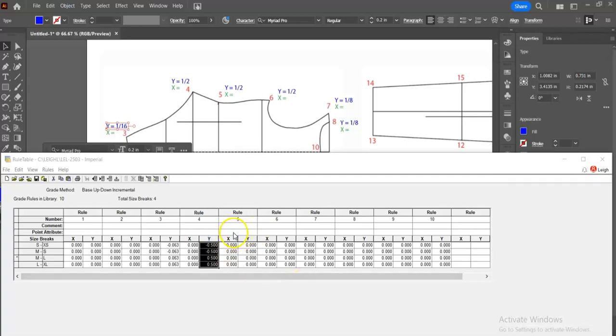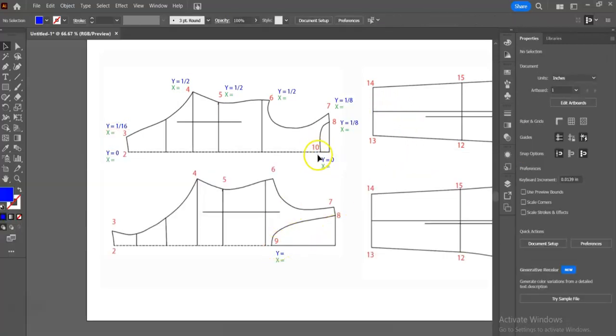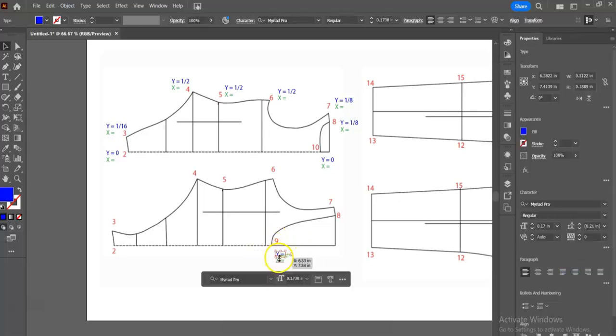I'm going to copy this Y rule to 5 and to 6. My 7 is going to be minus 1/8, minus 1/8, positive 1/8, positive 1/8. And I'm going to copy this rule to my 8. Okay. And then my Y rule for 9 and 10 will be 0. The 10 is the back neck drop and the 9 is the front neck drop. Okay. This will also be 0.